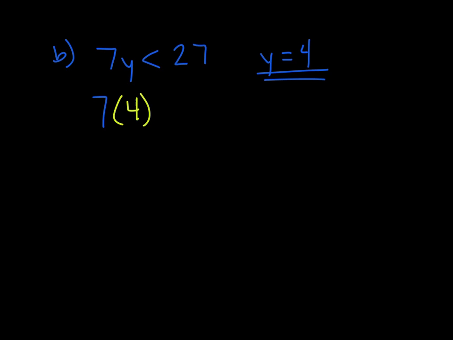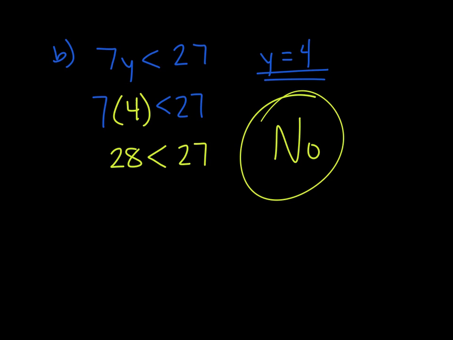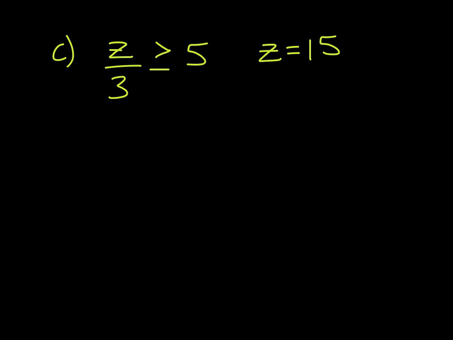My apologies. So, now I can solve. 7 times 4 is 28. Is 28 less than 27? No. So it wouldn't be a solution, because 28 is not less than 27.